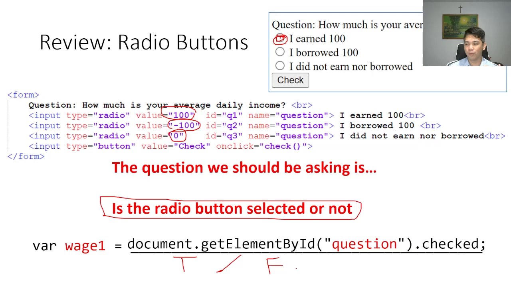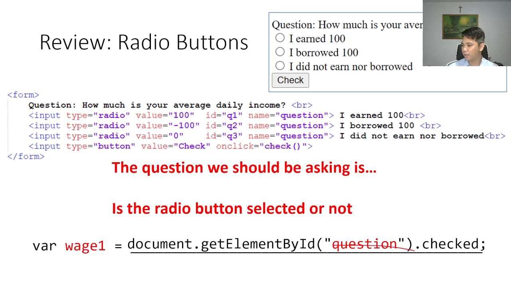So for example, sorry, the ID here is not question, but rather it should be either Q1, Q2, or Q3. So let's say, for example, I will write here Q1. Let me just redo that again. So Q1.